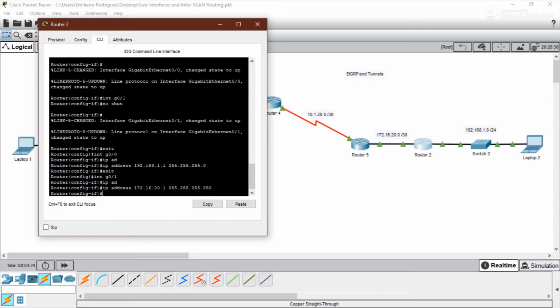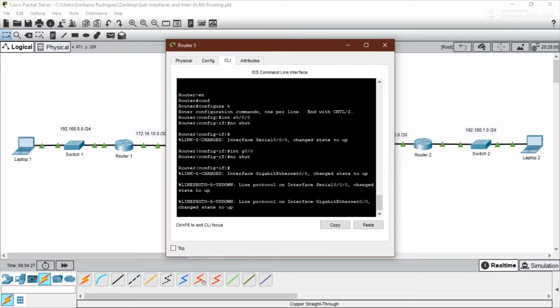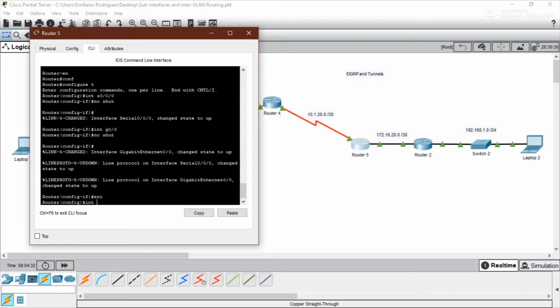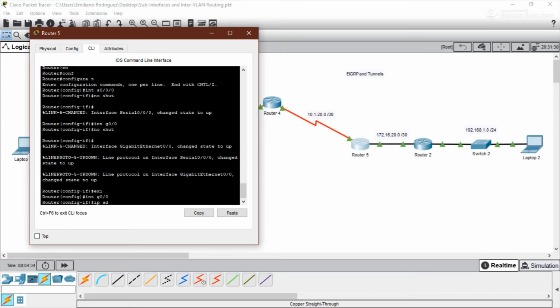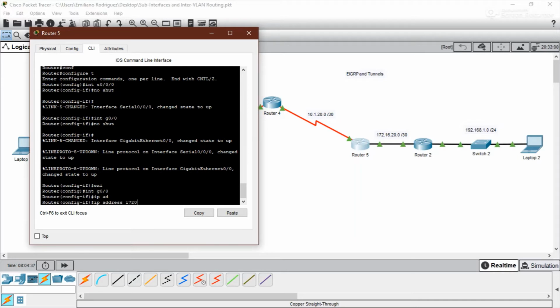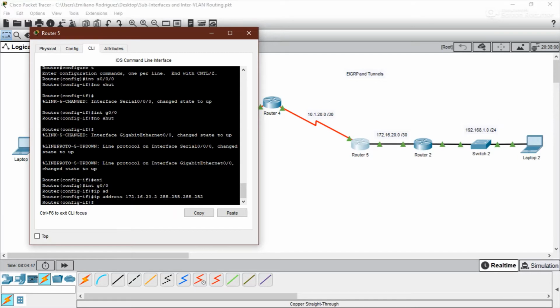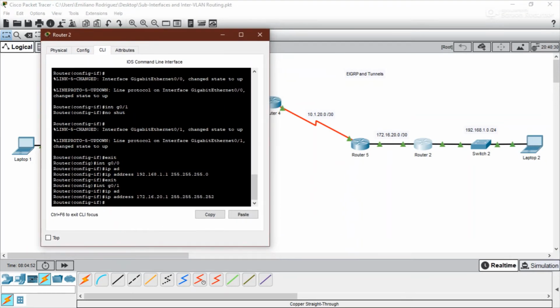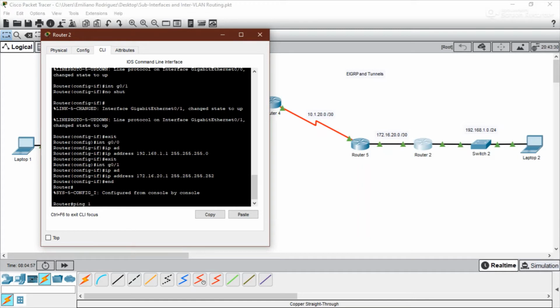The IP address is 172.16.20.1/30 on router 2, and 172.16.20.2 on router 5, 255.255.255.252. Router 2 should be able to ping router 5. Ping 172.16.20.2.